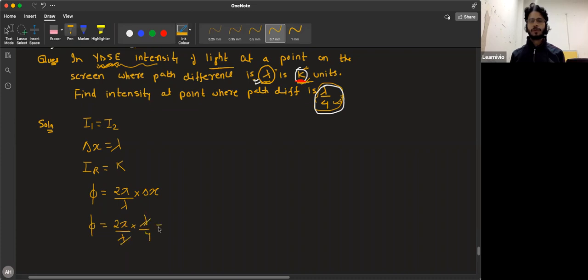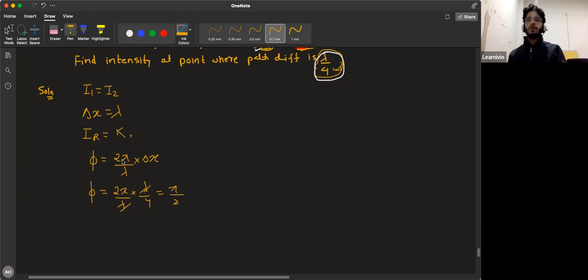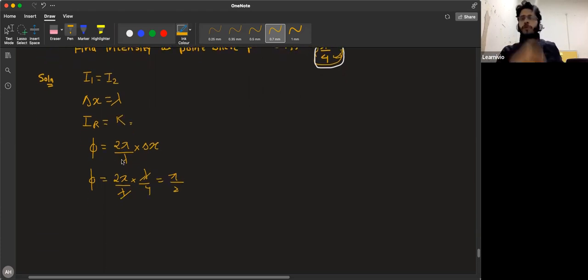Lambda cancels out, so it's pi by 2. So this k is the intensity of the resultant wave. Okay, Arpit, now do you remember a formula for resultant intensity in terms of the intensities of the individual waves? Hishma, any formula where you can calculate the resultant intensity in terms of the intensities of the individual waves?